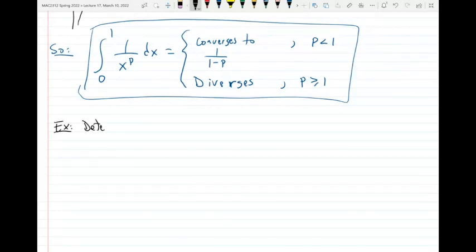Determine convergence without computing. All we want to say is whether it converges or not.